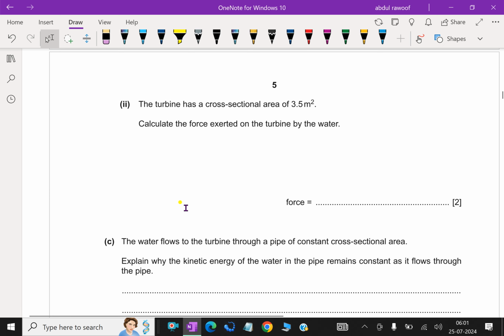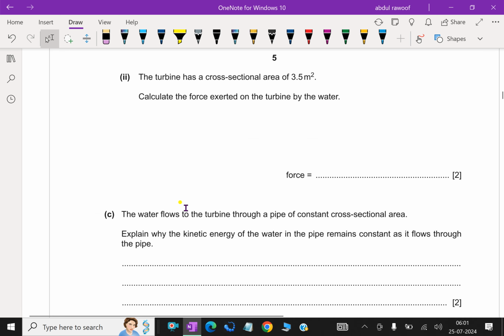Next one. The turbine has a cross-sectional area of 3.5 meters square. Calculate the force exerted on the turbine by the water. Here, we know that force equals pressure into area.